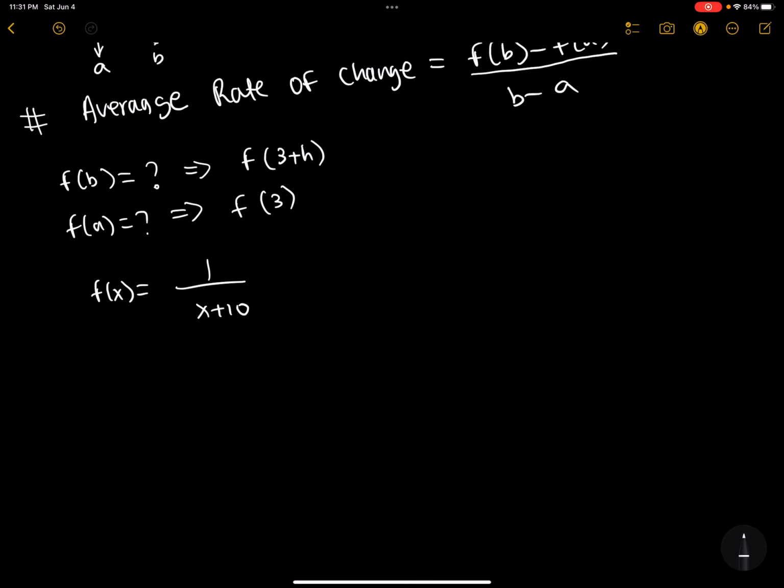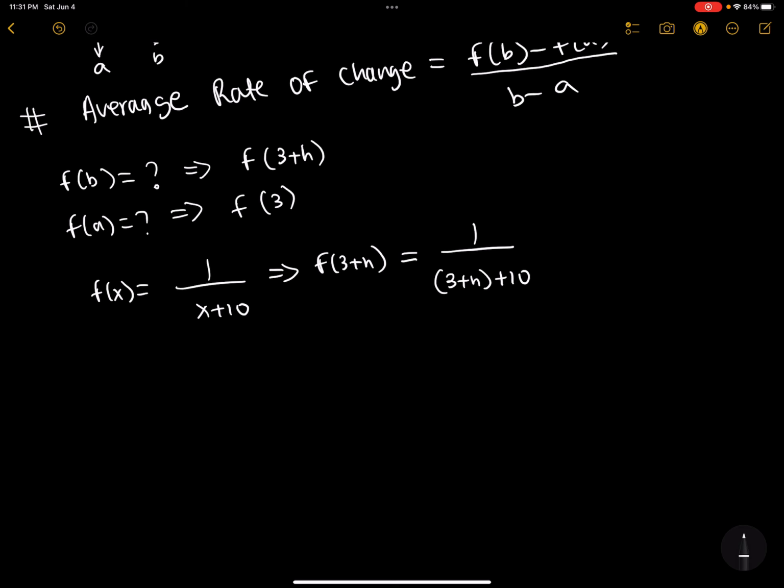So wherever I see x, I will plug in 3 plus h. So it'll be 1 over parentheses 3 plus h plus 10, right?